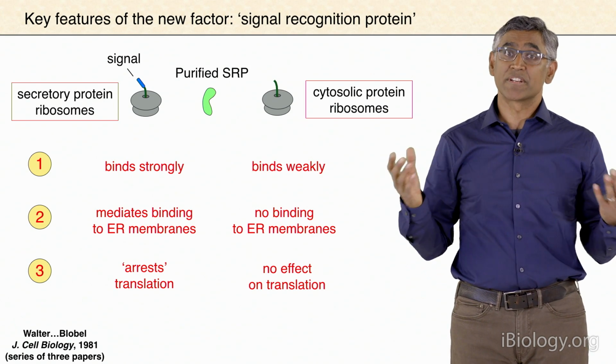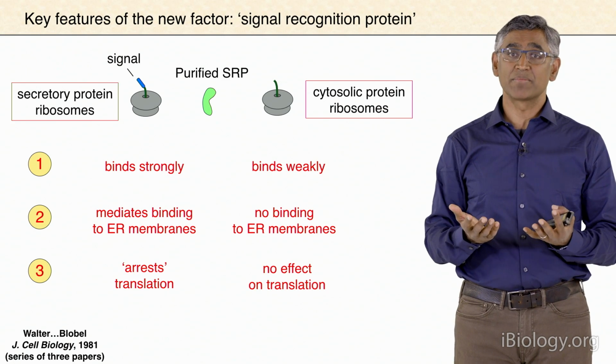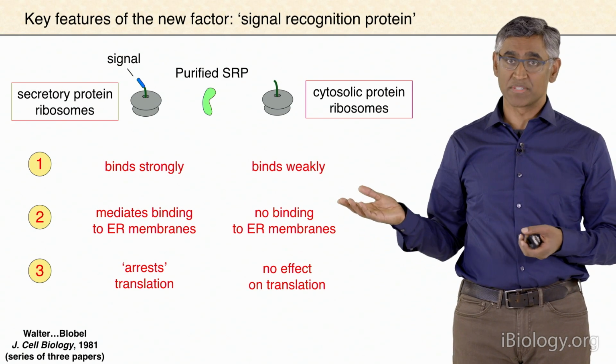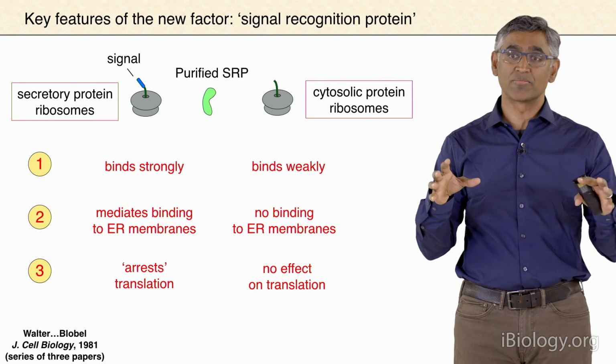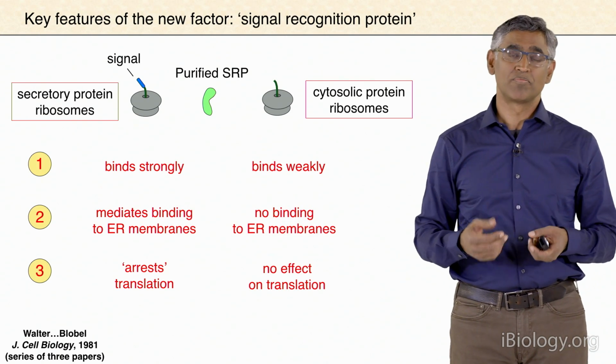Because in systems that are homologous, that is, where all the components come from the exact same system, rather than the systems that were used here, where components come from different sources, this arrest is very weak or not observable.